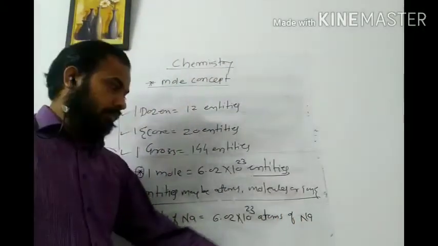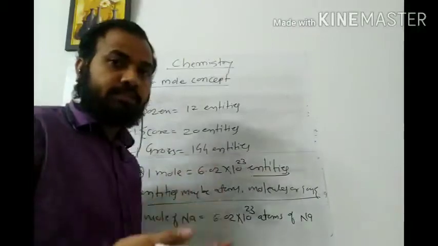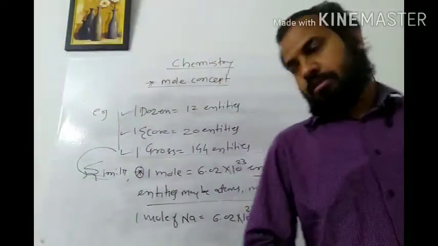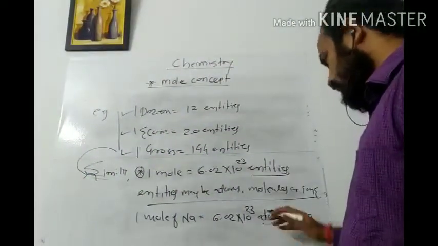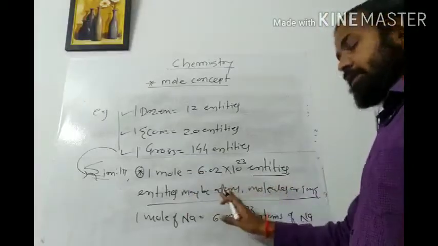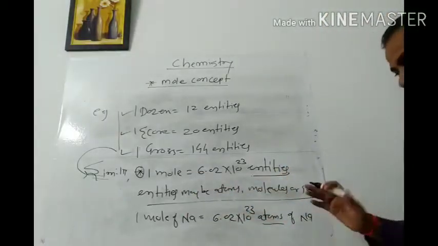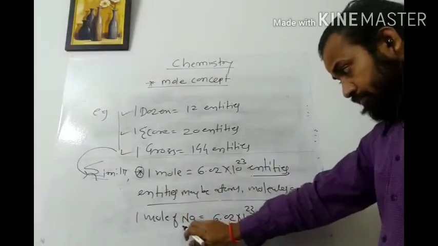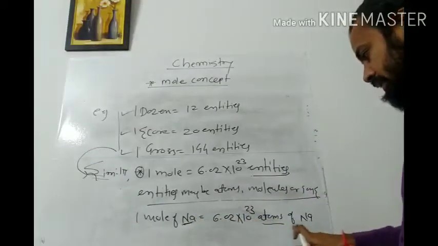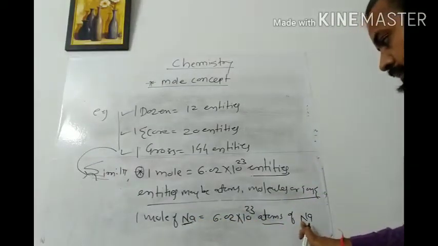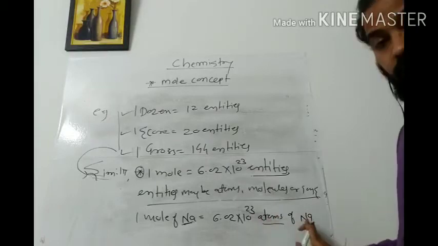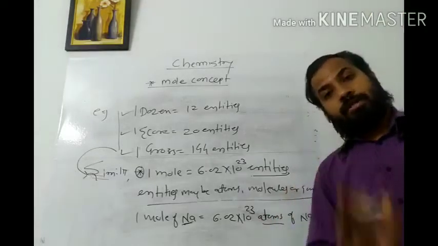Why is it atoms? Because sodium exists in the form of atoms only, isn't it? Already I discussed entity may be atom, maybe molecule or maybe ion. But in case of sodium, why am I writing atom? Because sodium is available in the form of atoms only.